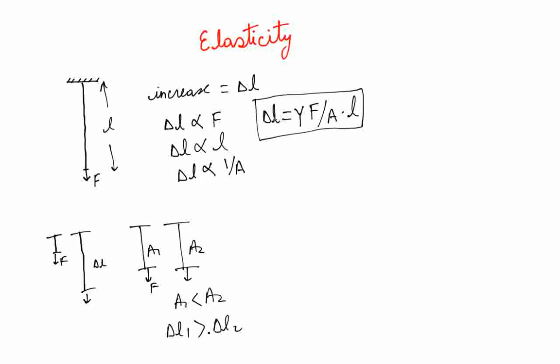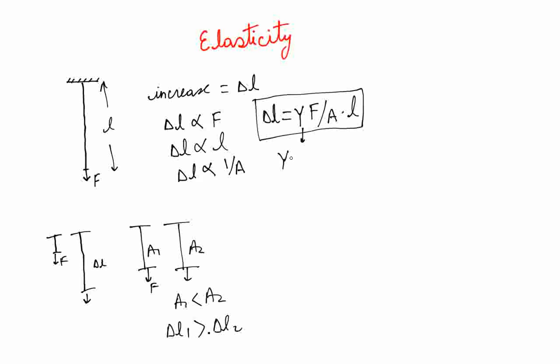As you can see, delta L depends directly on F, delta L depends directly on L, and delta L depends inversely on A. And this Y is the proportionality constant that connects these variables.